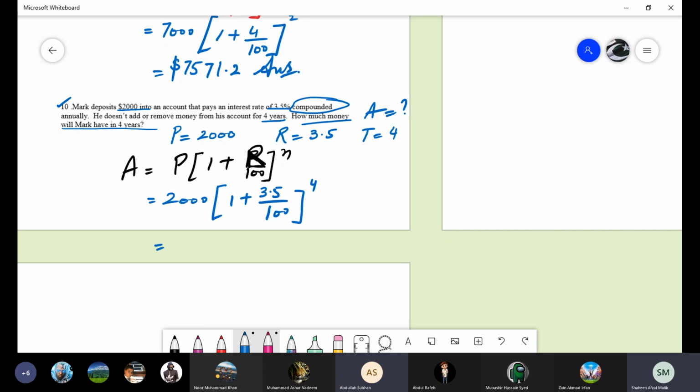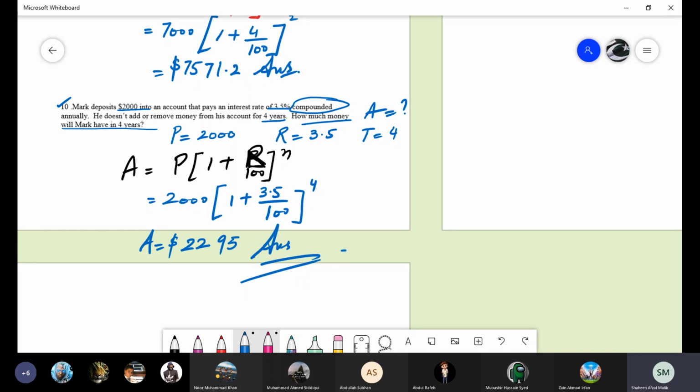Yes, what's the answer? 2295, or 94? 95. Yes, boys, which answer are you getting? Ma'am, I'm getting 2295.04. Okay, 95.04. So we can write the same thing. This is the final answer of question number 10.